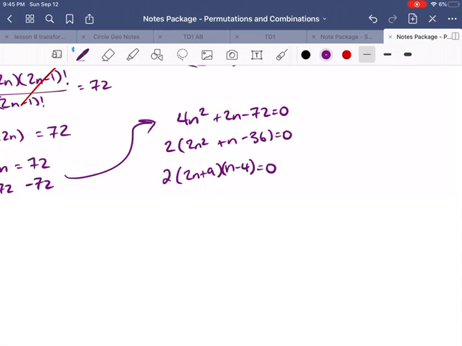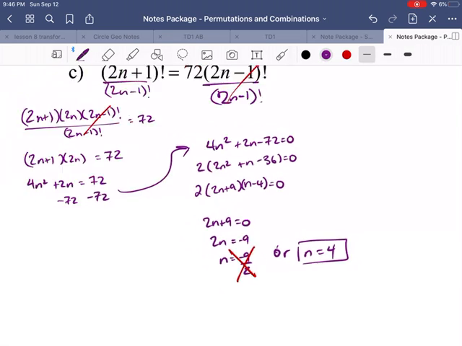Now, our solutions are n equals -9/2, or n equals positive 4. Okay, well, this one is a fraction, so no good. So our only option that's going to work is 4.